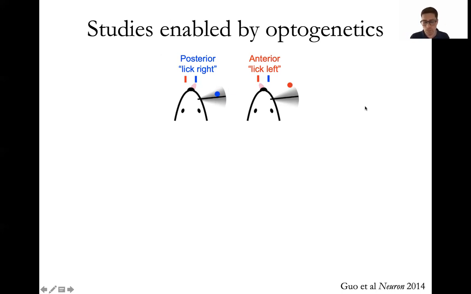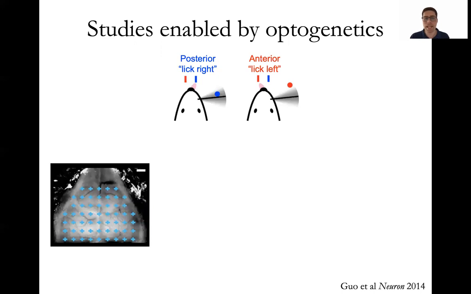What they then did was express channelrhodopsin in interneurons that tend to inactivate nearby neurons, and directed light, each one of these crosses shown here, across the mouse's neocortex. So this is the dorsal surface of the neocortex of a mouse.